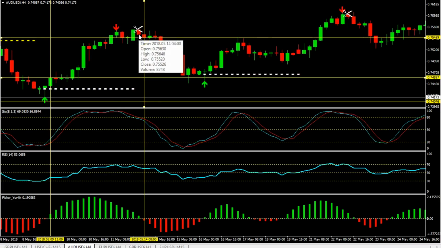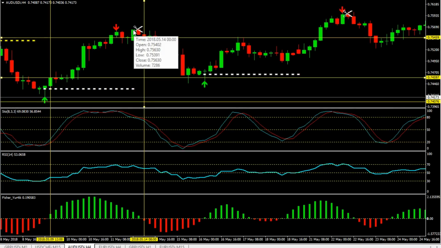Let's see. High was 0.75648, and this high is 0.75666. So you add 5 pips to this high. What about this one? 0.7563.